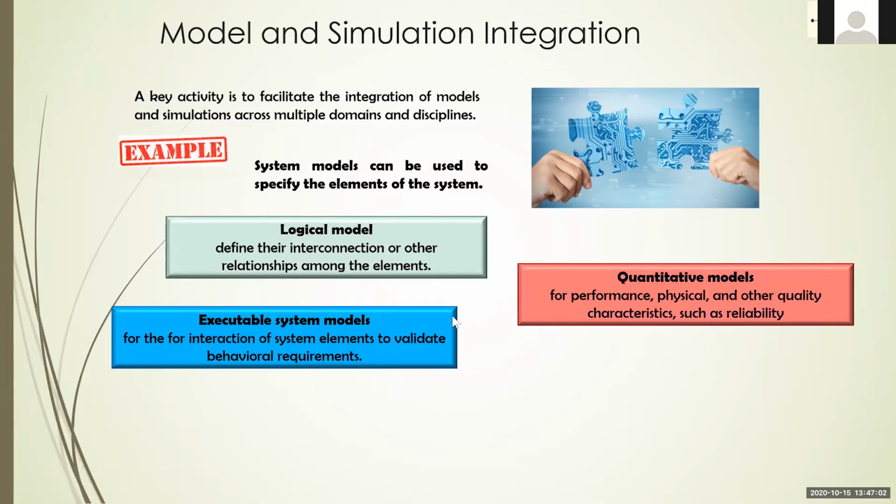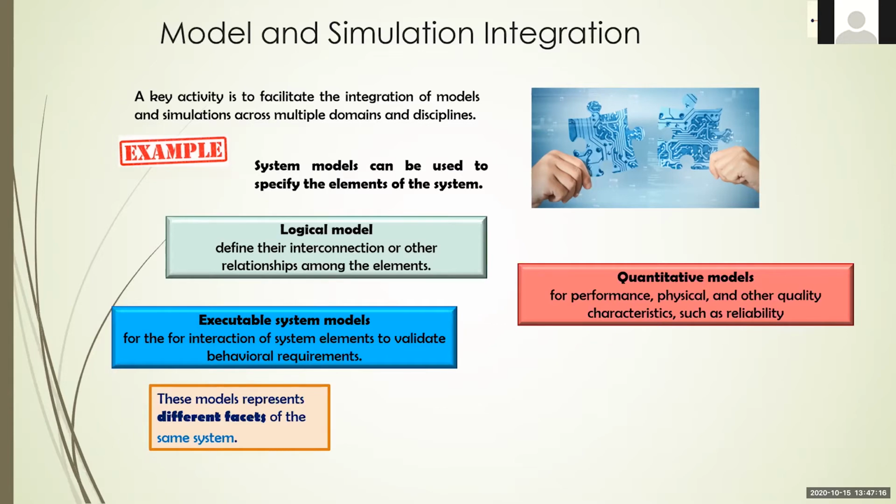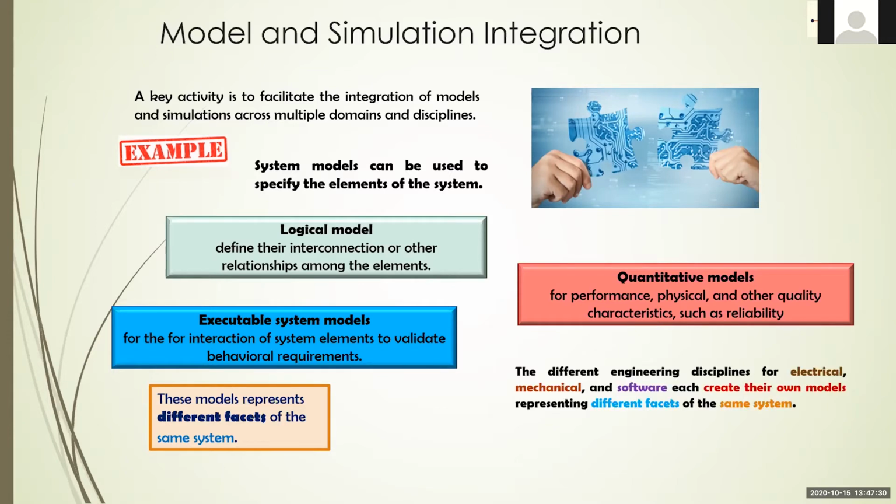We may have logical models, executable models, quantitative models, each one with a different point of view and purpose, okay? And we can also have different models at the different phases in your life cycle. So it starts getting complicated, yeah?